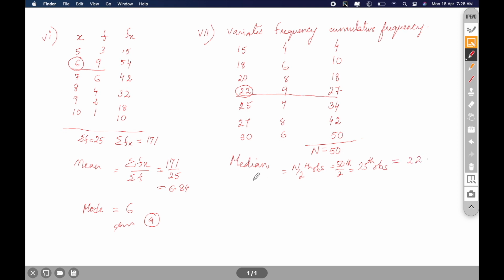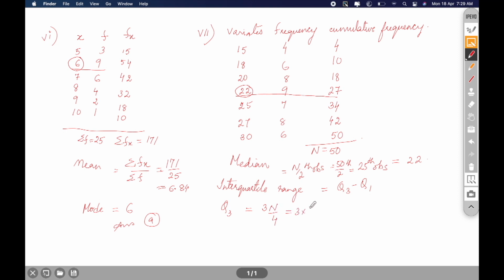Now in order to find the interquartile range, we need Q3 minus Q1. So Q3 means the upper quartile and Q1 means the lower quartile. Upper quartile is 3n by 4.